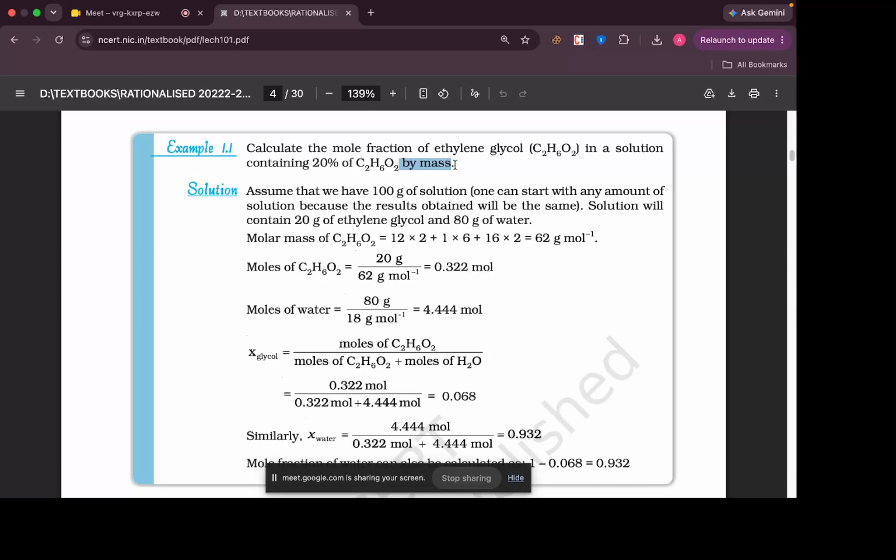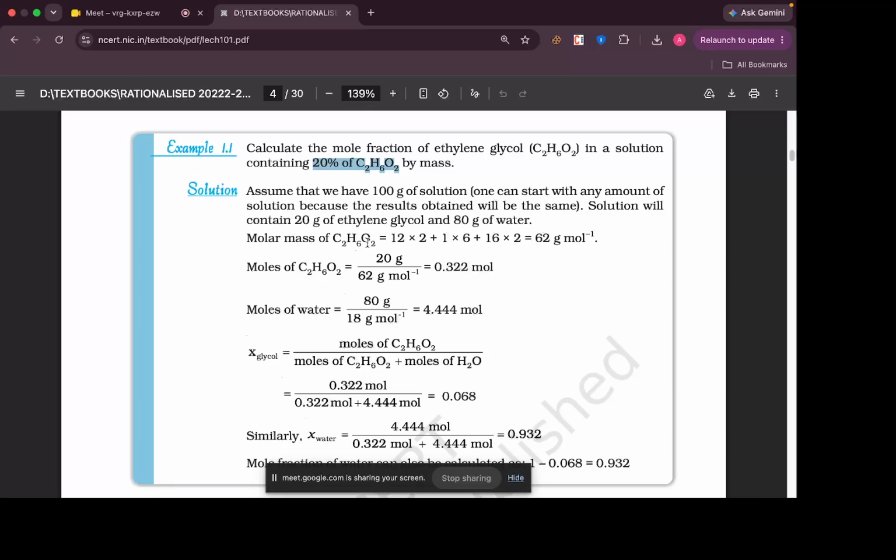So that's why I have to use total mass as the mass. And what unit of mass can I take? Kg? No, obviously not. For volume you take ml, and for solid you take gram. So 100 gram is my total solution. In that, 20 gram is C2H6O2.